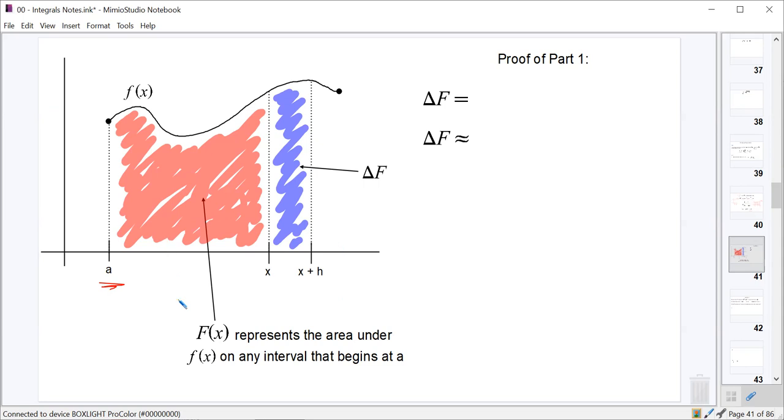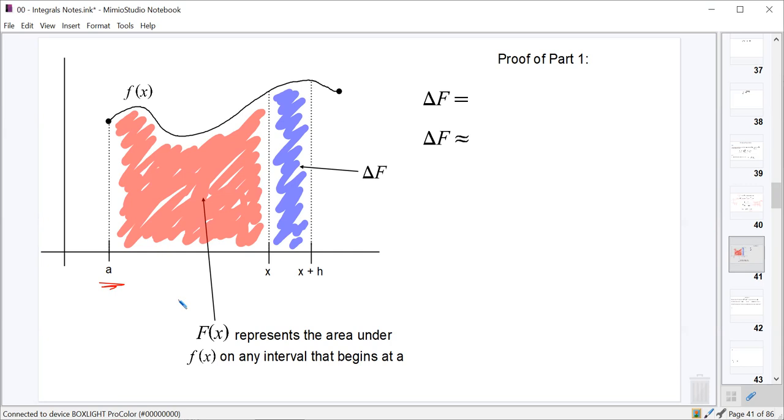Right? So capital F is just a function that, if I evaluate it at some x value, tells me the area underneath little f of x, starting at a to whatever x value I chose. And we're going to use this to help us prove part one of the fundamental theorem of calculus.